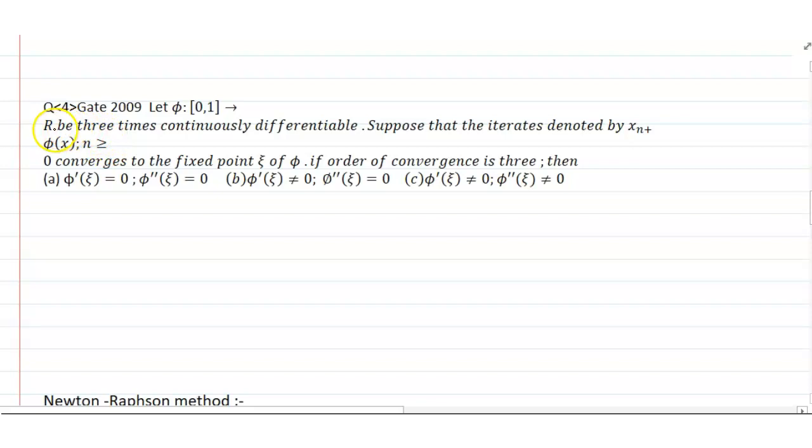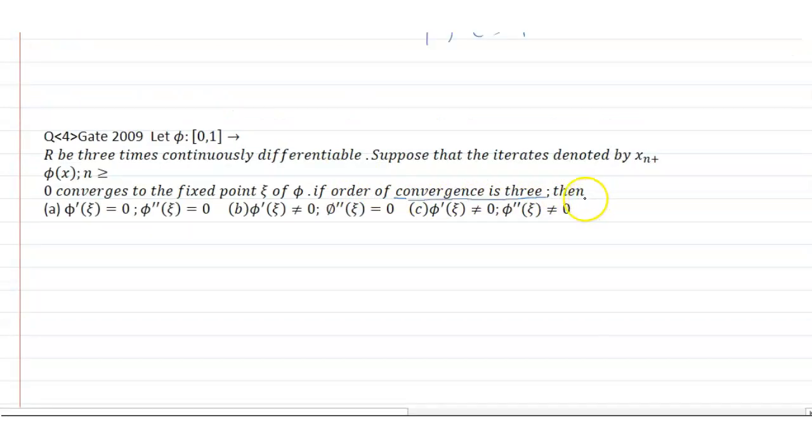So friends, let phi be three times continuously differentiable. Suppose that the iterates denoted by x_{n+1} equals phi(x_n), with x0, converge to the fixed point xi of phi. If the order of convergence is 3, then I have to choose among: phi dash xi equals 0, phi double dash xi equals 0; phi dash xi does not equal 0, phi double dash xi equals 0.